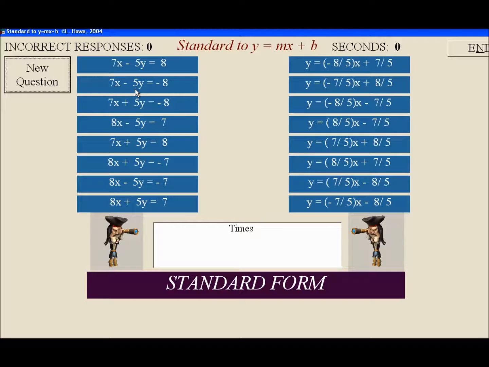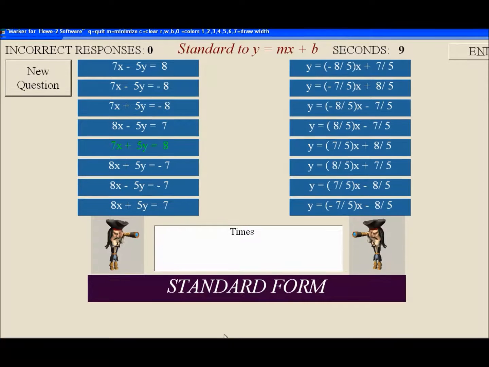So what the student has to do, I'm going to pick an easy one here that I can actually maybe do in my head. If I want to find out this equation's equivalent in y equals mx plus b form, I have to solve it for 1y. So we could say 7x plus 5y equals 8.